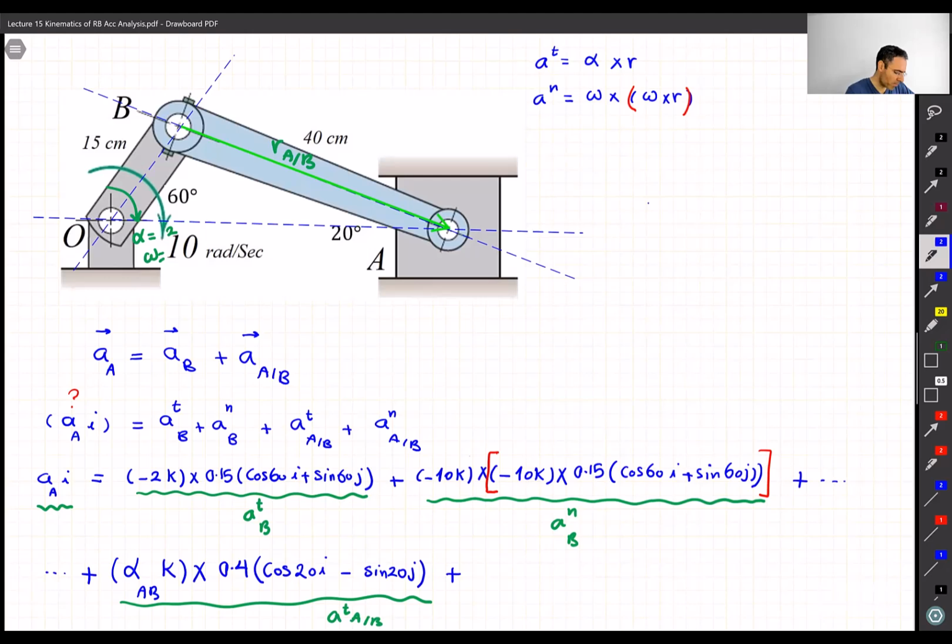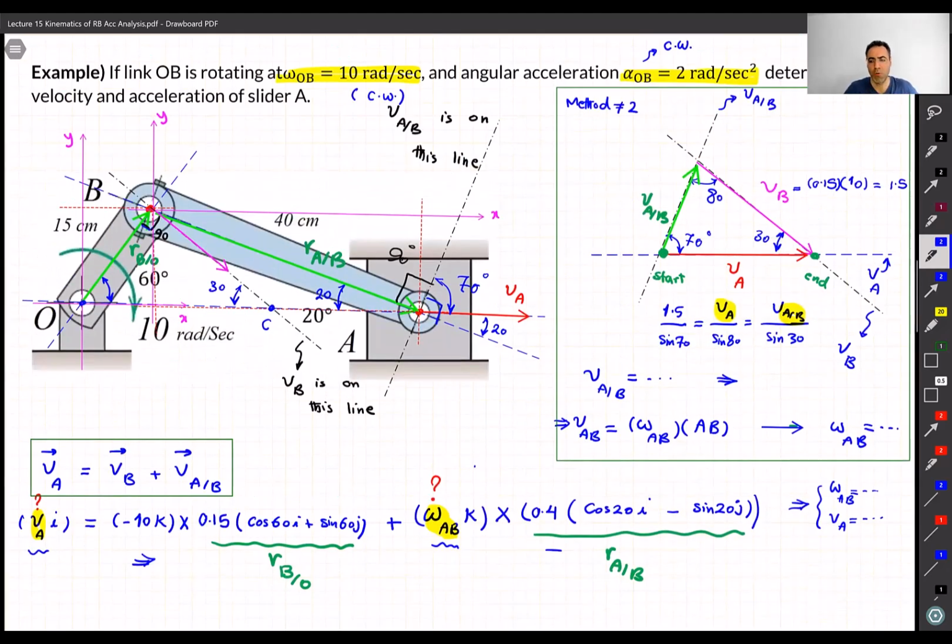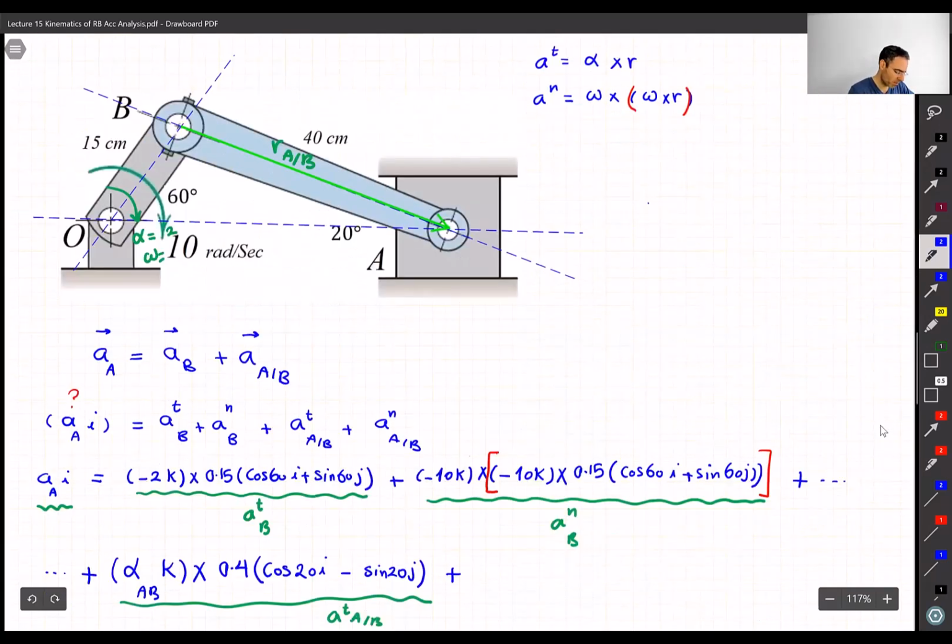So omega AB, we already found it, right? Let's go back here. Omega AB, we have found it. We know the value and we know if it is positive or negative. So I assume that we found it, and I'm just going to write it down here.